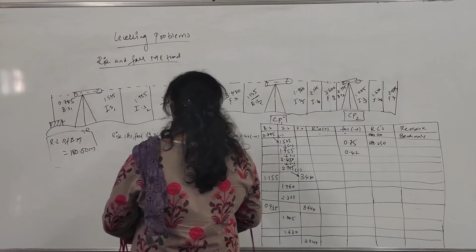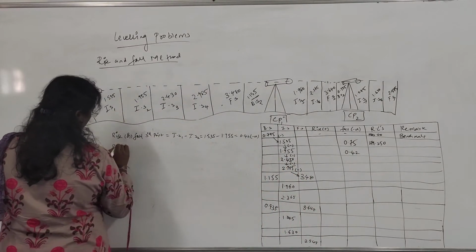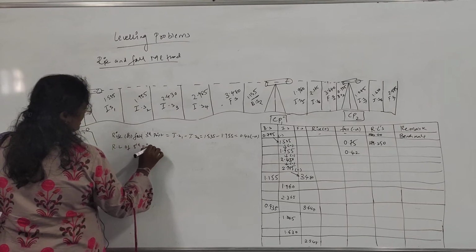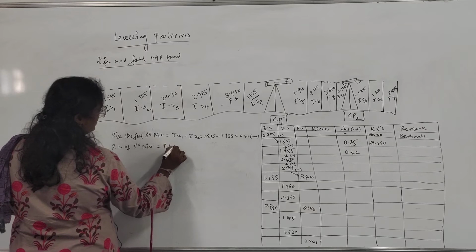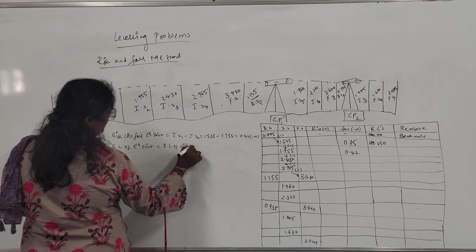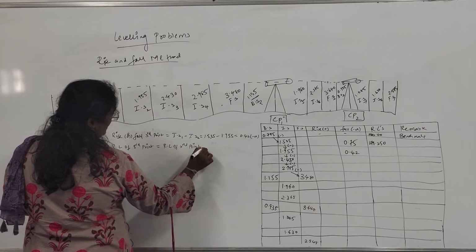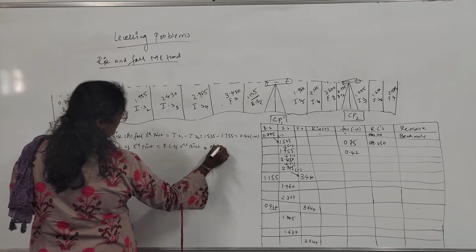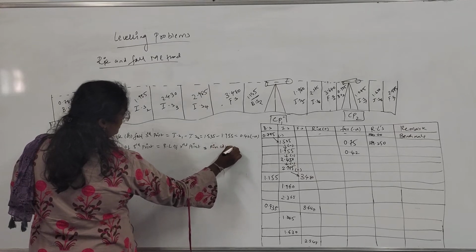So what will be the next one? RL of third point. So what will be the RL of the third point? RL of second point plus or minus rise or fall, right?